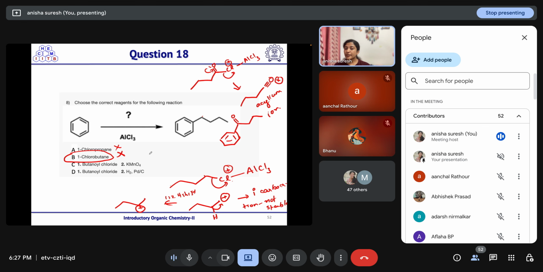Now in the presence of KMnO4, what will happen? It will undergo oxidation and lead to formation of benzoic acid as well as propanoic acid.